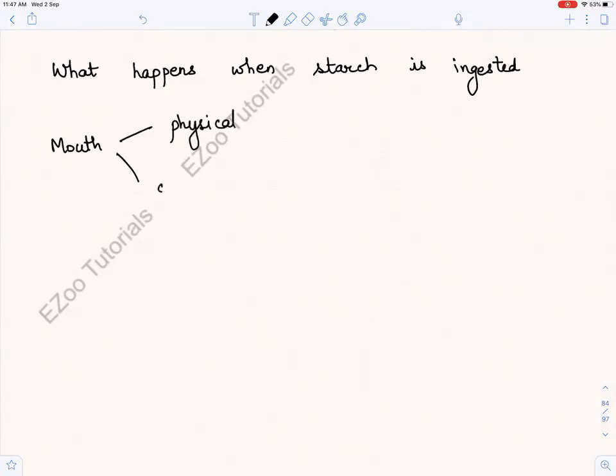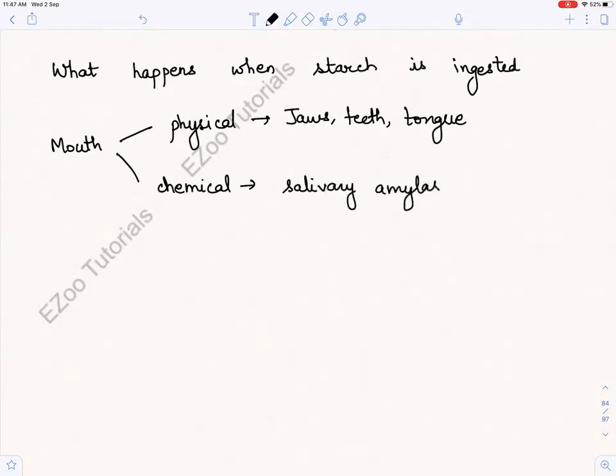One physical breakdown and one chemical breakdown. The physical breakdown will happen by jaws, teeth, right? We have done all this structure. Tongue, and the chemical will be by the salivary glands or salivary amylase.